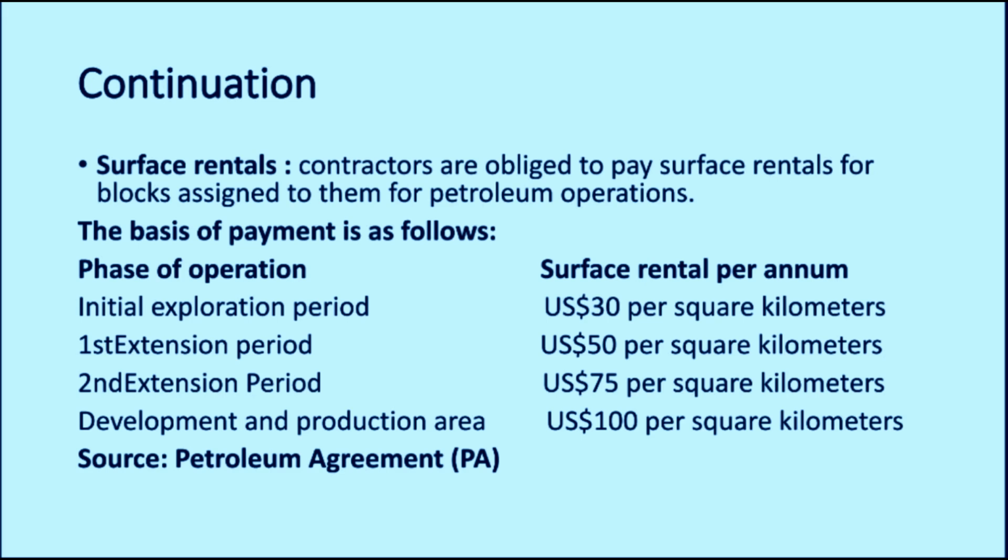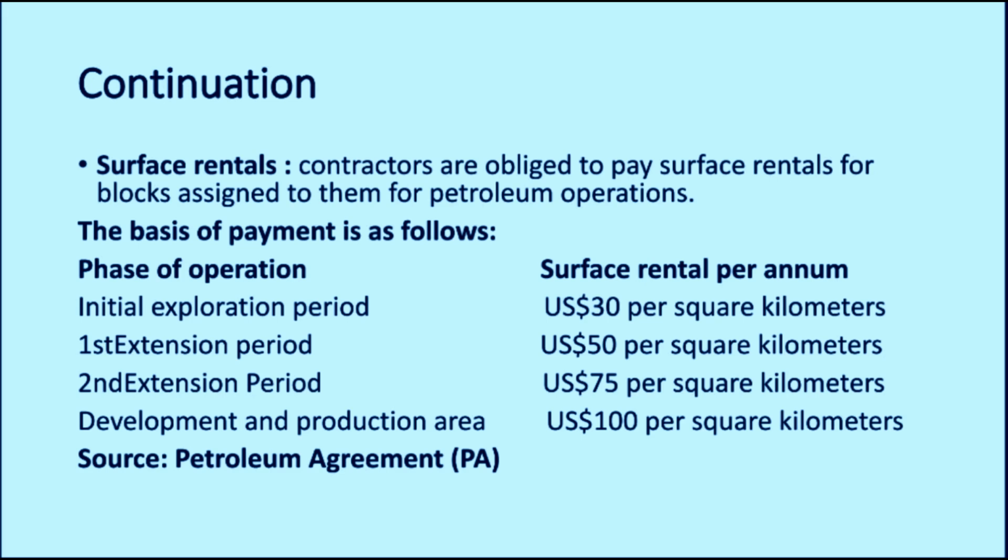So in the exam, if they give you some square kilometers and tell you they have been at it for this number of years, you are given 3 years, then 2 years, then 2 years. So initial exploration period, 3 years, first extension period, 2 years, and second extension period for another 2 years.